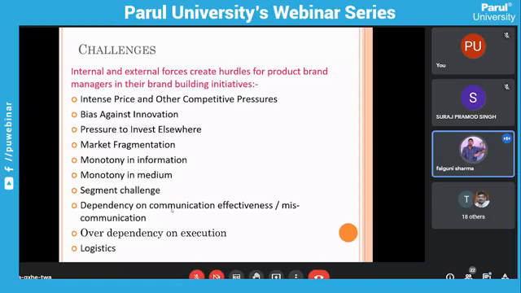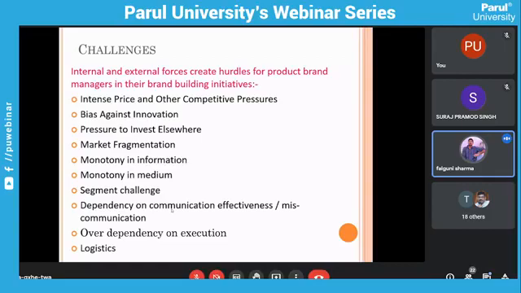Segment challenge within them. If you are working in nephrology, for example, it is a segment which is very small in terms of specialty, but in terms of business it is very big compared to any other segment. So it is a segment challenge itself.